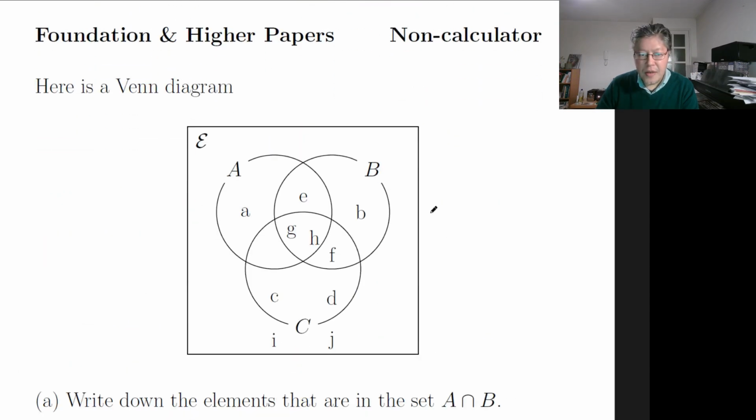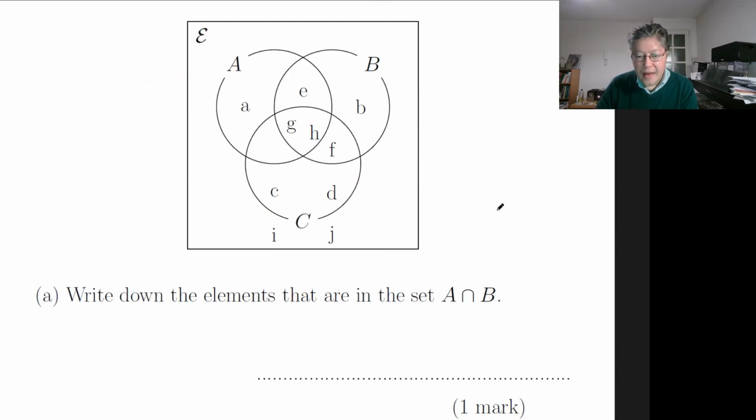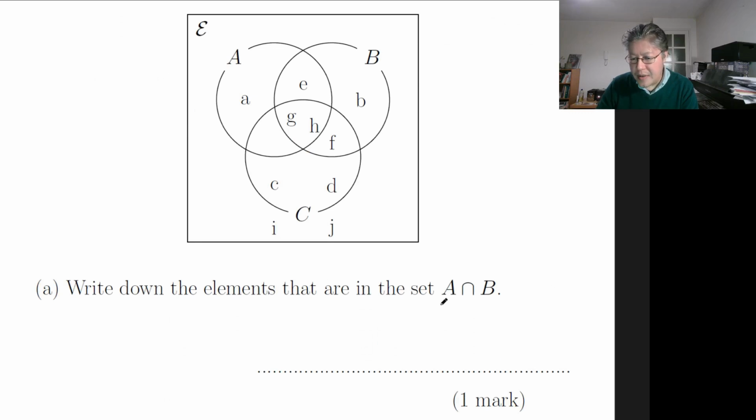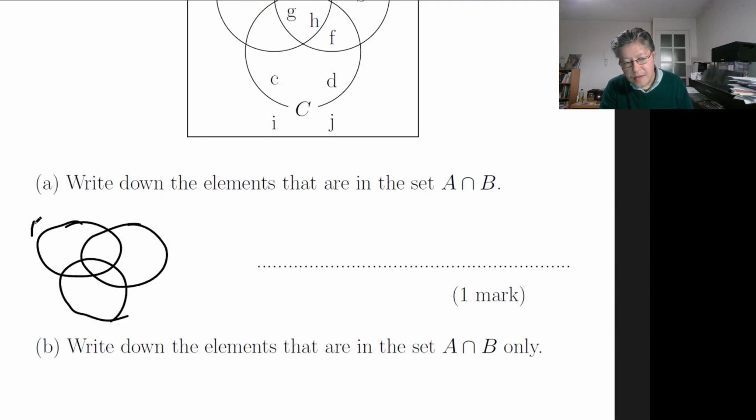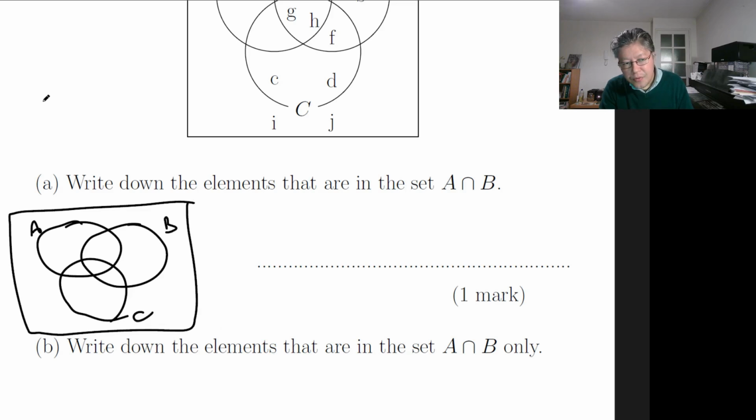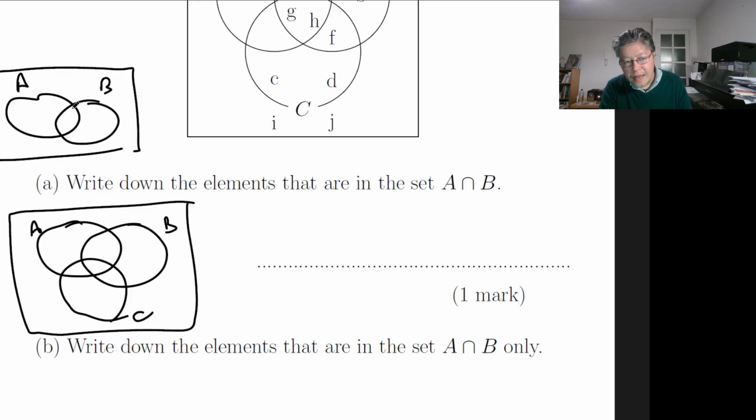Okay, so we're given a Venn diagram. It's a triple Venn diagram, A, B, C with elements. And part A, write down the elements in A intersection B. This is A and B. Let's just illustrate this region first. In the double Venn, if I was to do a double Venn with only A and B, the A and B bit is this middle region here.